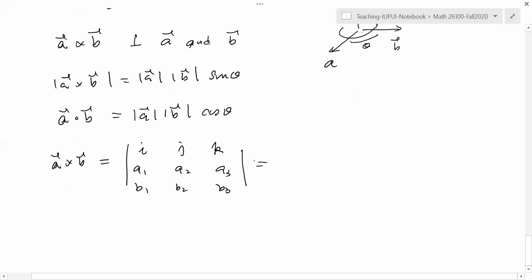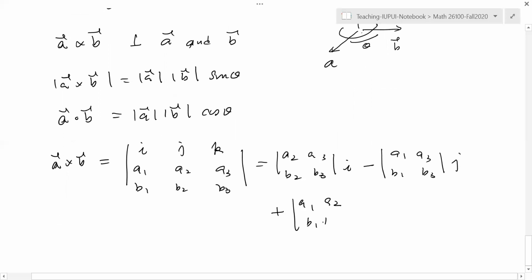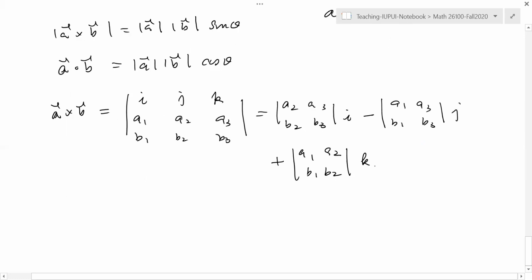So this will be the determinant of A2, A3, B2, B3 times i, minus the determinant of A1, A3, B1, B3 times j, and the last one will be the determinant of A1, A2, B1, B2 times k. The three components. And I guarantee this one is perpendicular to A and perpendicular to B.